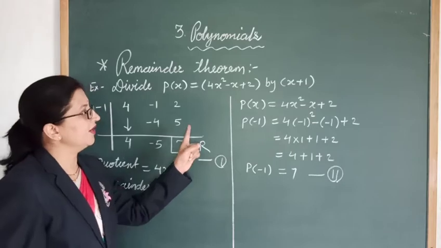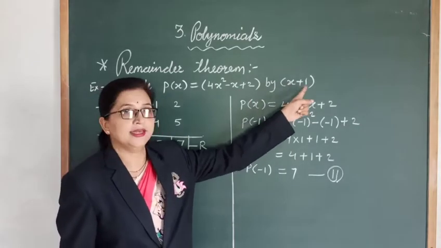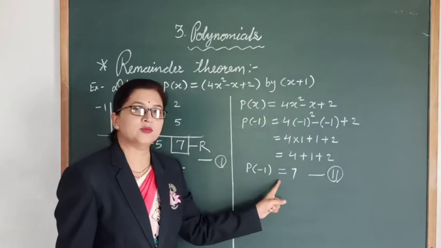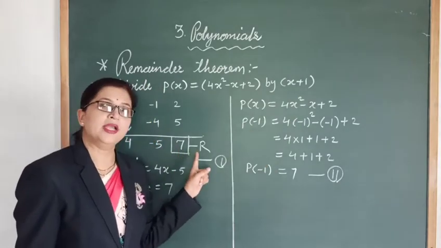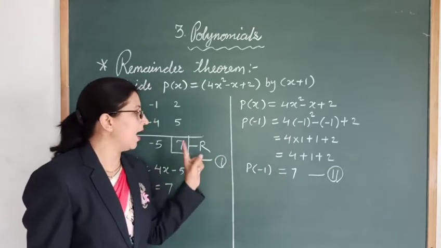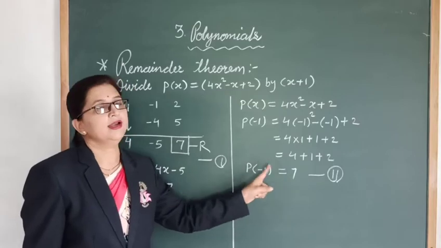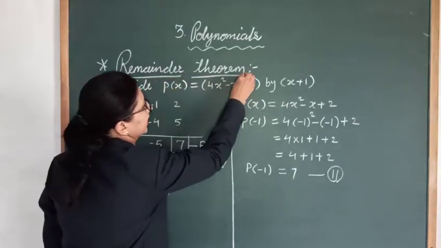Okay? And when we put the value of x equal to negative 1 in this polynomial, then we got the value of this polynomial as 7. Right? So here the remainder and the value of the polynomial both are equal. Right? This is only the remainder theorem.